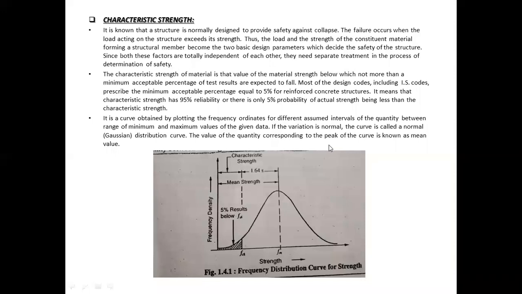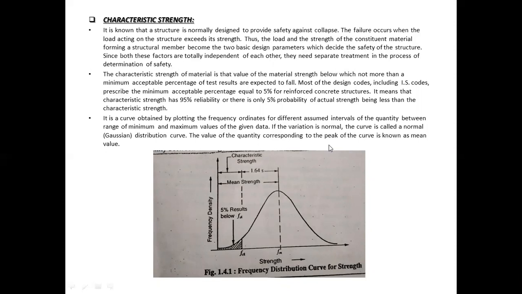These two basic parameters also relate to the characteristic strength of the materials. For a structure to be safe, reliable, and durable, there needs to be proper balance between the load and the strength of the constituent material.